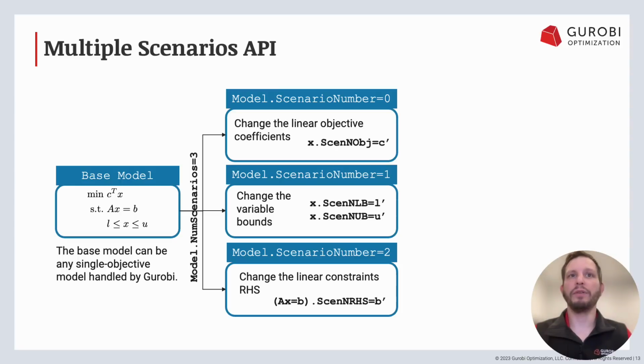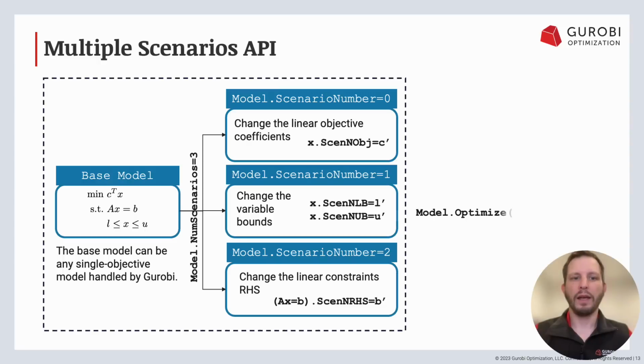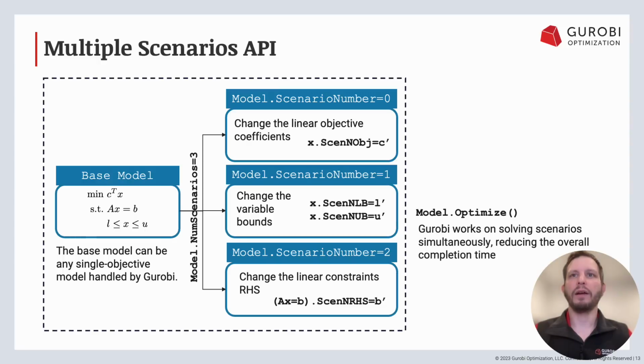That's easy enough to do just by using the syntax that you see here. And then when you optimize the model, Gurobi works on solving all these scenarios simultaneously. So it's not just, hey, I'm going to run scenario 0, solve it, start over. Scenario 1, solve it, start over. Scenario 2, solve it, start over.